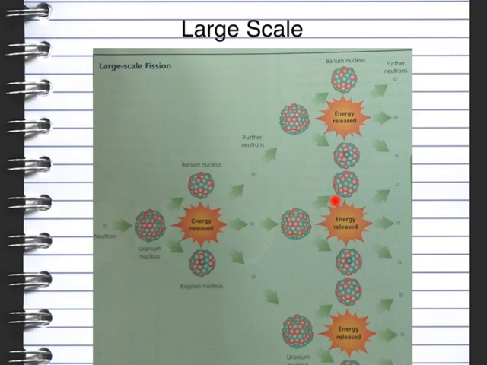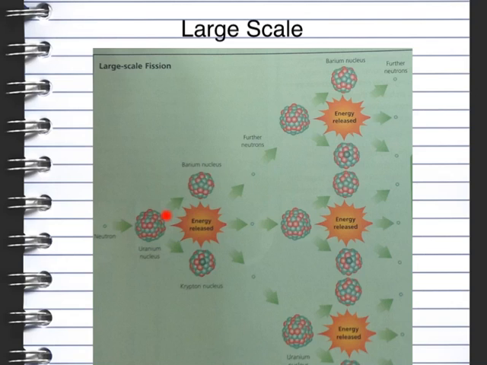This one hits another one and we get more. This hits another one and gets more. So here we've got one neutron that gives out, after just two rounds of splitting, 1, 2, 3, 4, 5, 6, 7, 8, 9 neutrons that can go on and further react again.